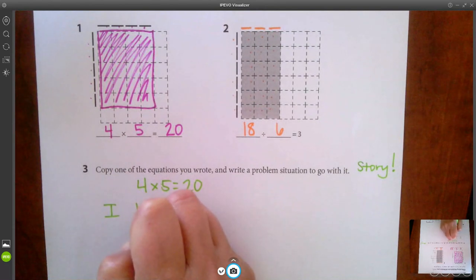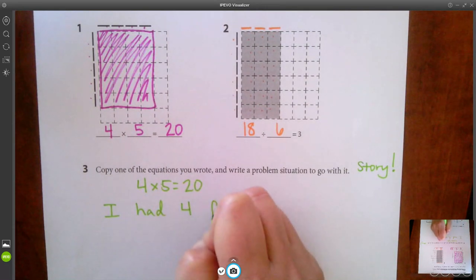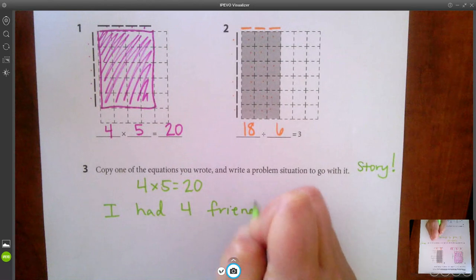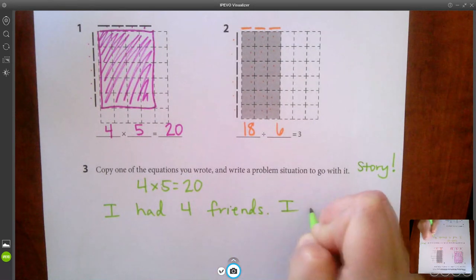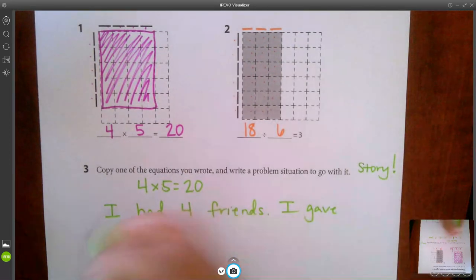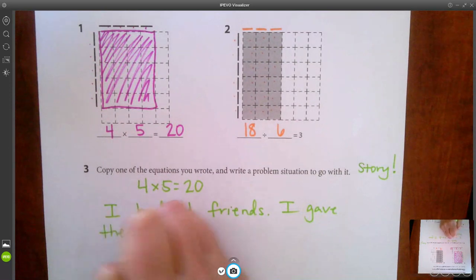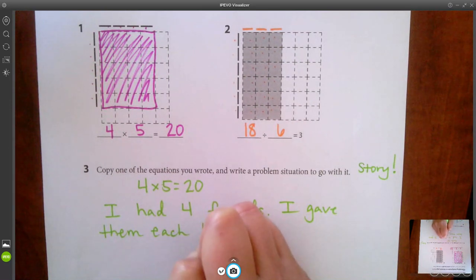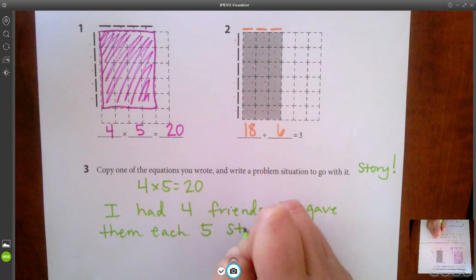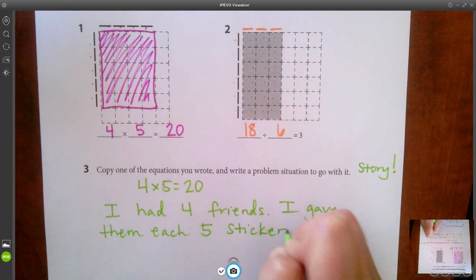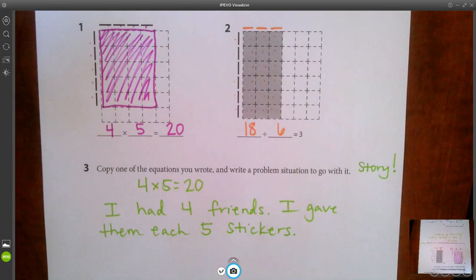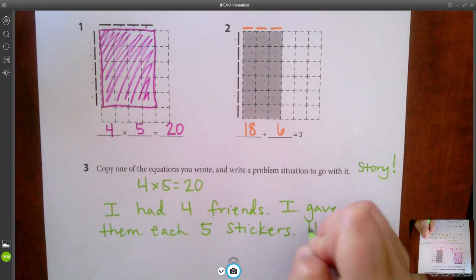I had 4 friends. I gave them each 5 stickers. So 4 friends, 5 stickers each, 4 times 5.